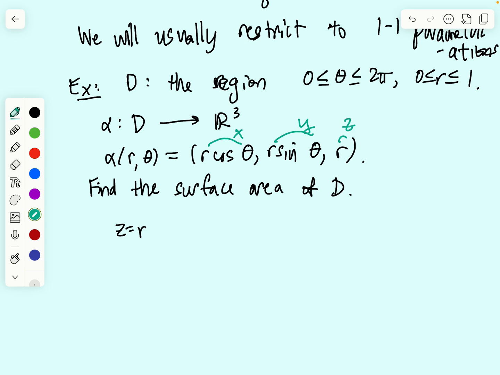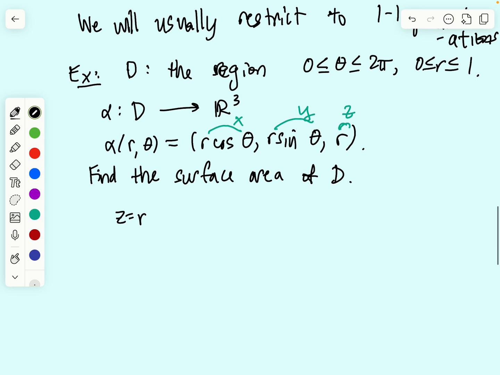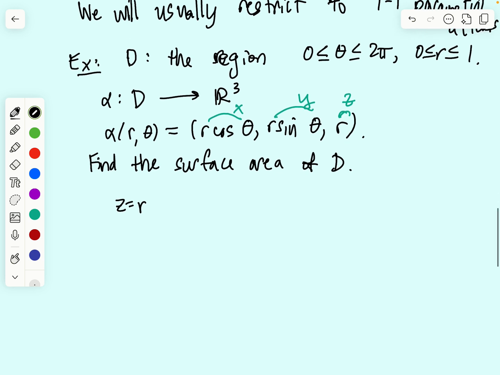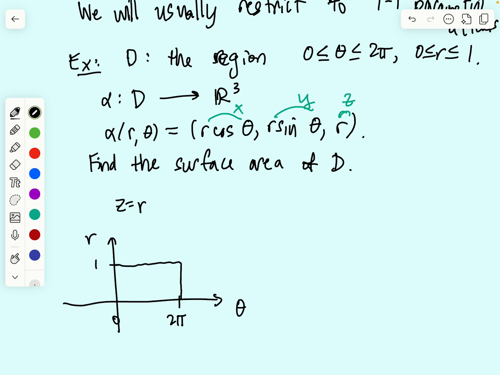And so the new thing is just Z equals R. So r and theta are going from 0 to 1 and 0 to 2 pi. So let's graph that first. So here's theta, here's r. Theta goes from 0 to 2 pi, r goes from 0 to 1. So you have this region D.